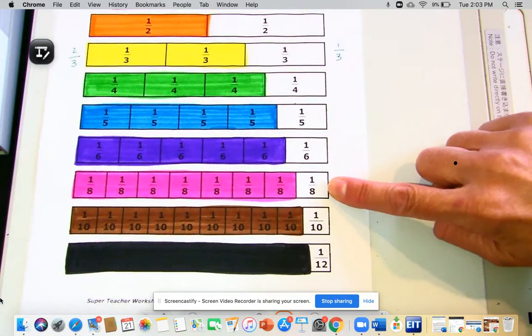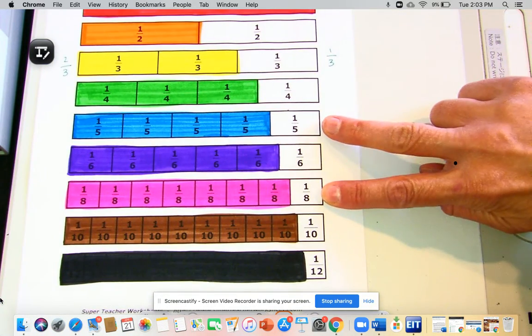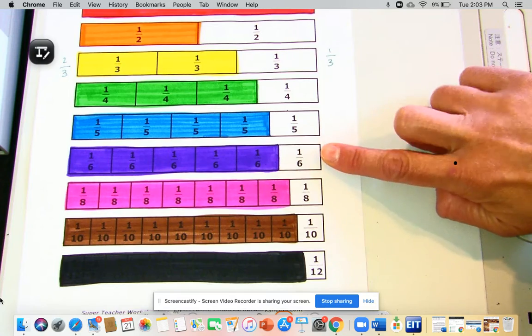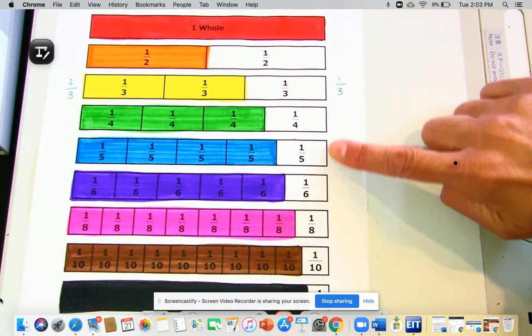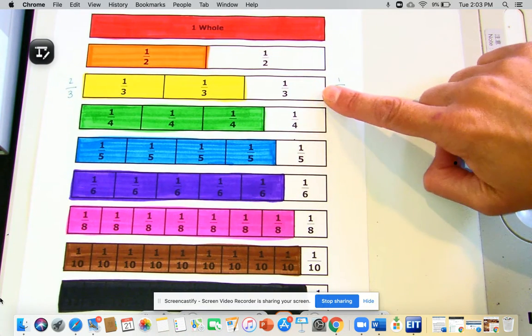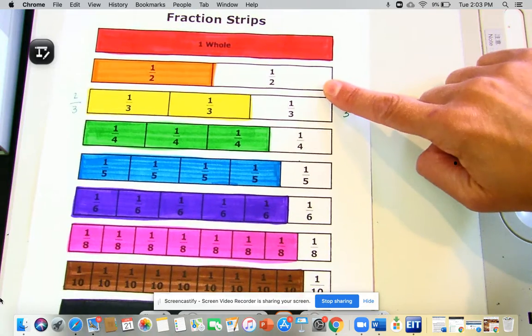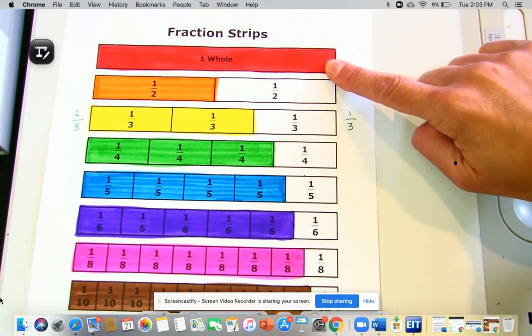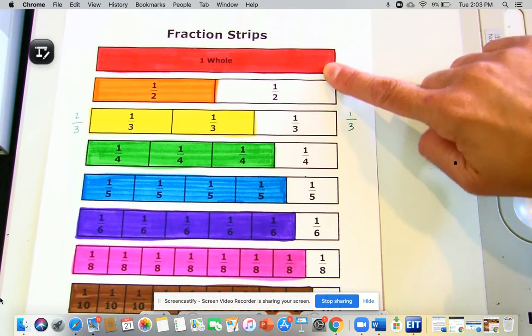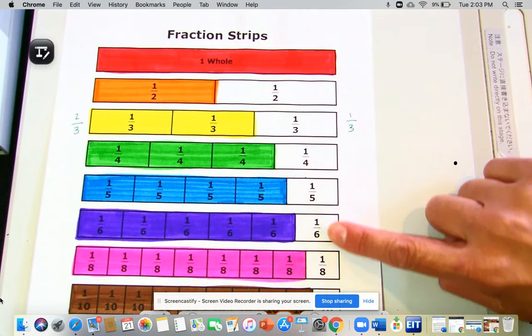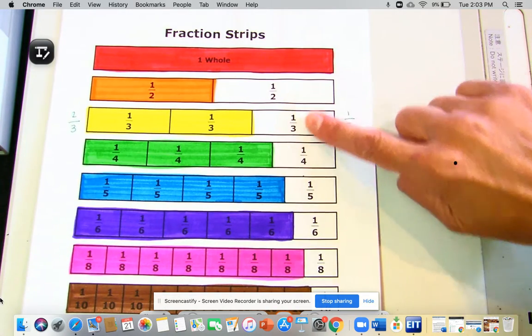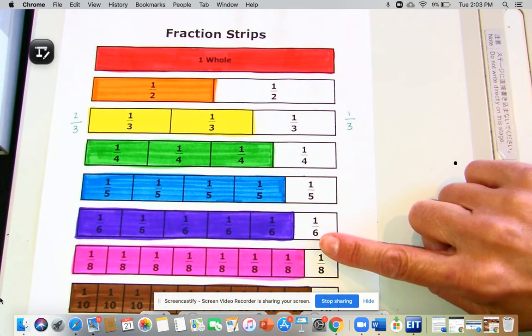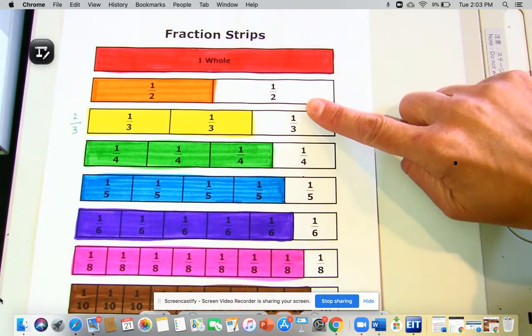So here's 1/8, and here is 1/5. So you can kind of see the difference. There's 1/6, 1/5, 1/4, 1/3, 1/2, and there is a whole. So if it helps you, you could definitely draw something like this. You could cut out little pieces of paper that might help you with this.